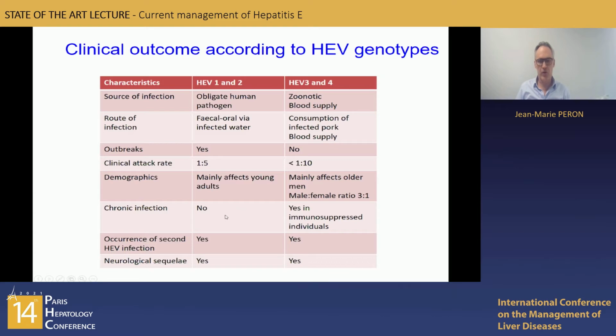There is never any chronic infection with genotypes 1 and 2, while you can have chronic infections in genotypes 3 and 4, but only in immunosuppressed individuals. With all genotypes, you can have occurrence of a second HEV infection, which is very important. And also all genotypes can induce neurological injury and therefore neurological sequelae.